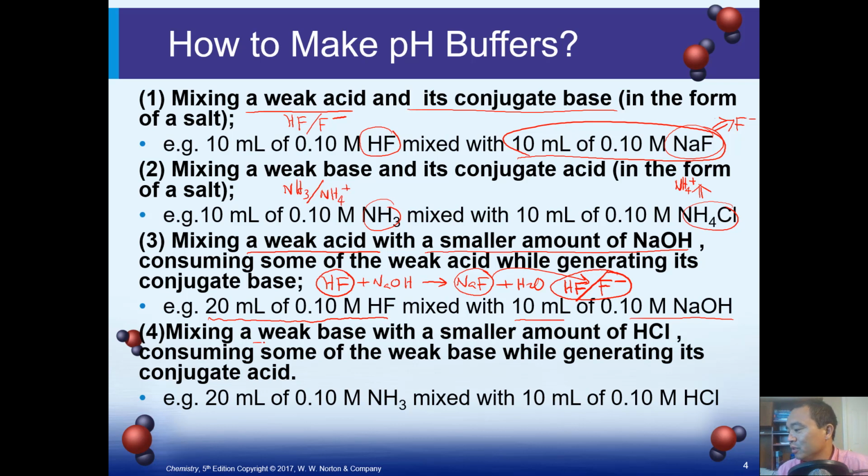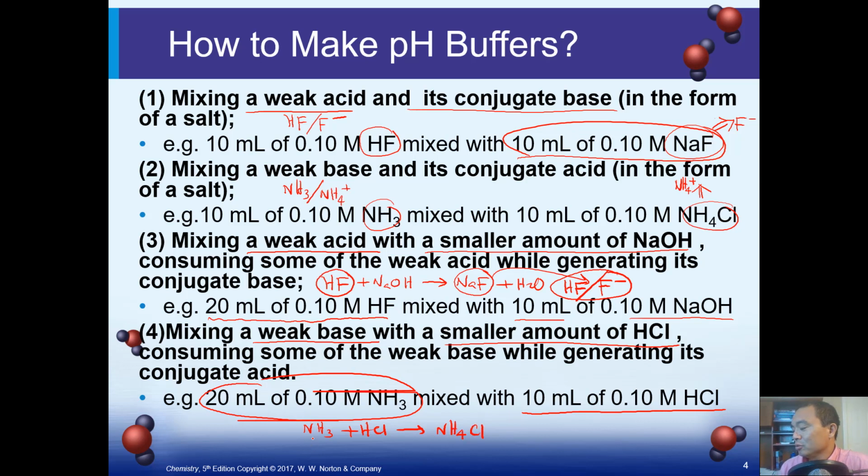You start with a weak base, then react it with a small amount of strong acid like HCl. For example, you have 20 milliliters of ammonia, which is a weak base. You mix it with a smaller amount of HCl. NH3 will react with HCl, which generates ammonium chloride.